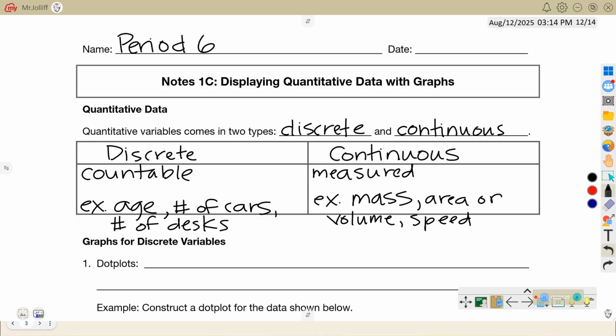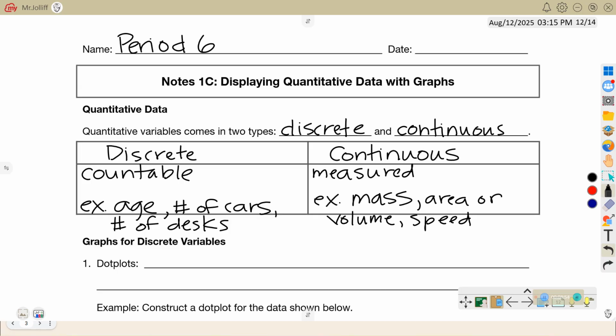Number of desks in each classroom. It's going to vary depending on how big they are. Yeah. Notice 2 of those 3 things are phrased as number of. Technically, age is number of years. Things that are discrete, more often than not, can be written as number of fill in the blank because they are countable.